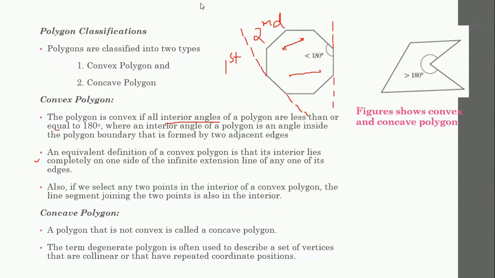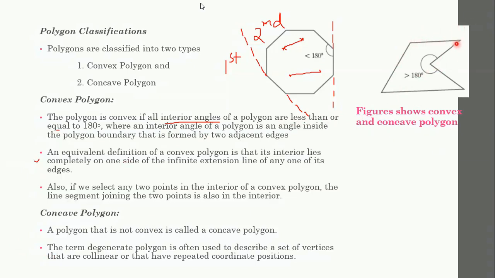Next, consider one more example. You have one more diagram here. A polygon that is not convex is called a concave polygon. If these three conditions are not satisfied, then we can call it a concave polygon. For example, let us check the first condition.